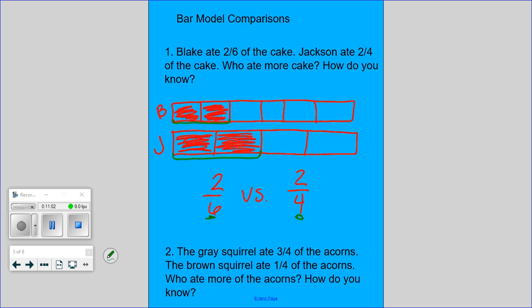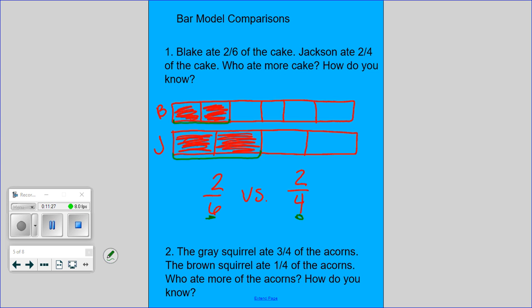Well, it's because whenever you have a big number, you have to split up into smaller pieces so it's easy. If you are sharing things with more people, you are going to get a smaller amount. If you are sharing things with less people, you are going to get a bigger amount.